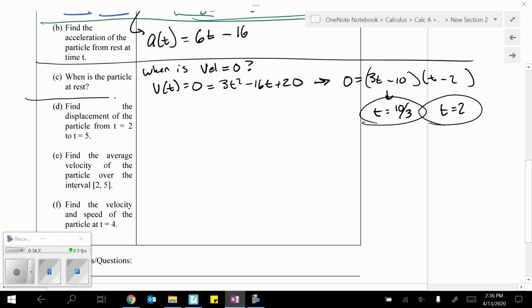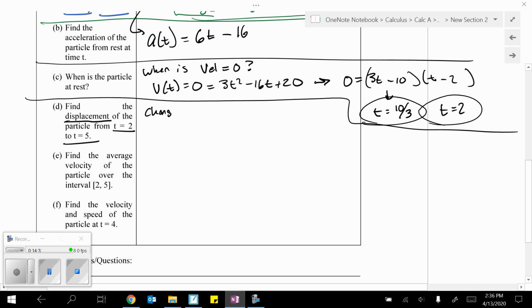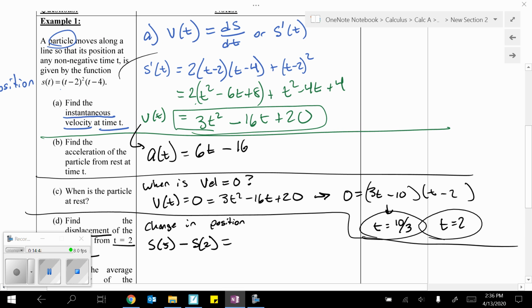Find the displacement of the particle from t equals 2 to t equals 5. Remember, displacement is change in position. It's always going to be, just like in science class, final minus initial. So this would be the position at time 5 minus the position at time 2, which, I mean, the original thing, we can plug in 5 into that and 2 into that pretty easily.